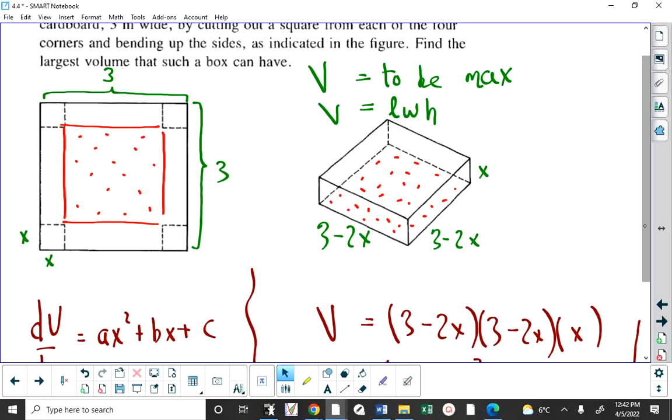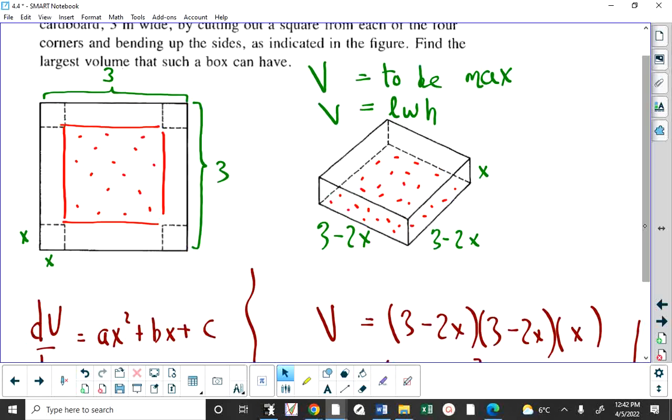In this case, we're starting off with something that is square. And we ended up removing a square of side length x from each corner, leaving us with a box when you fold up the sides or flaps that was 3 minus 2x by 3 minus 2x by x. And when you multiply those together, you get the volume.